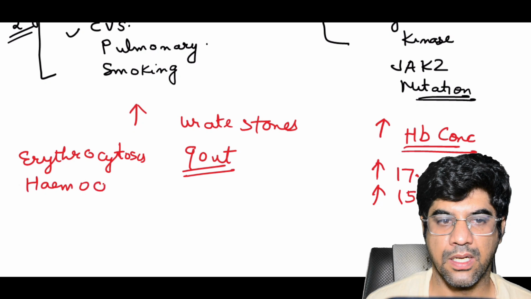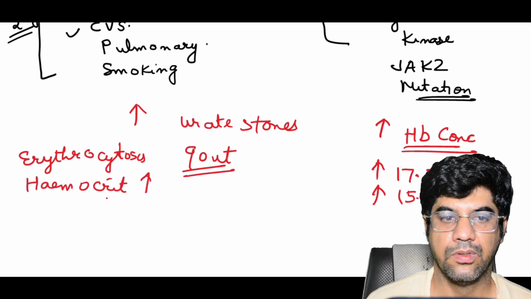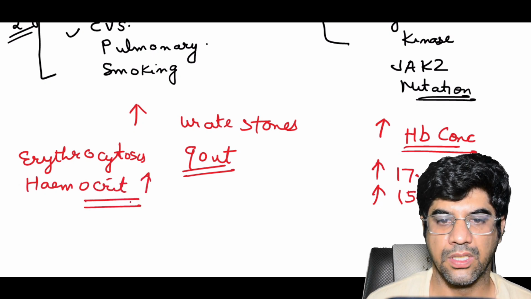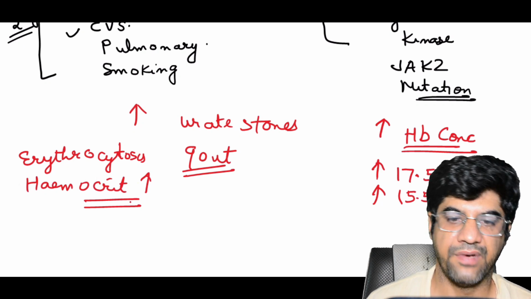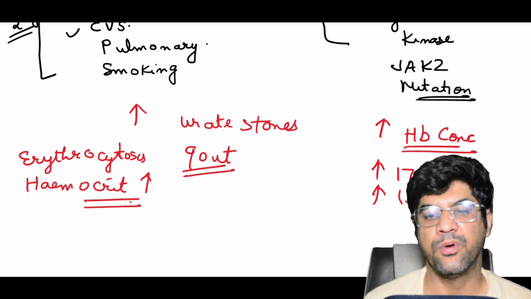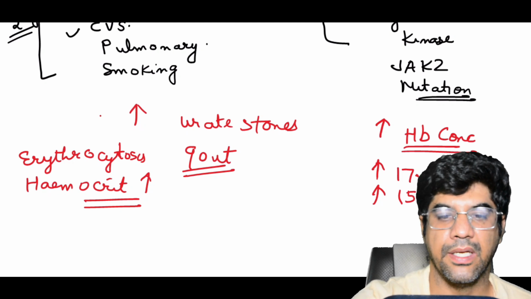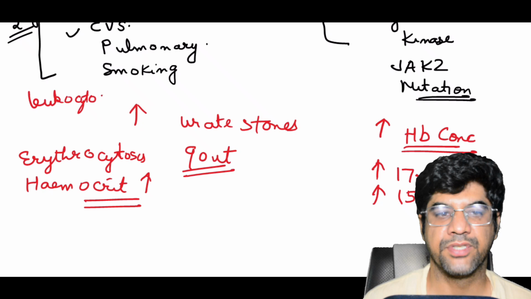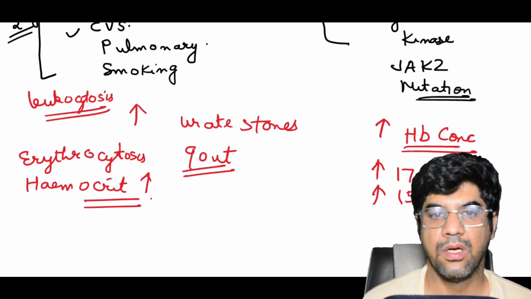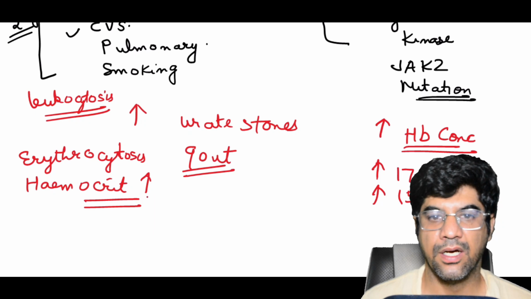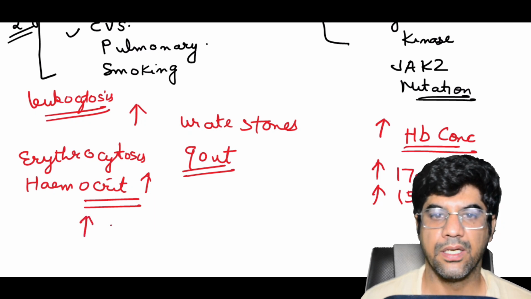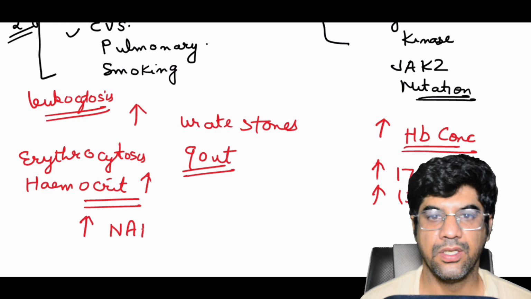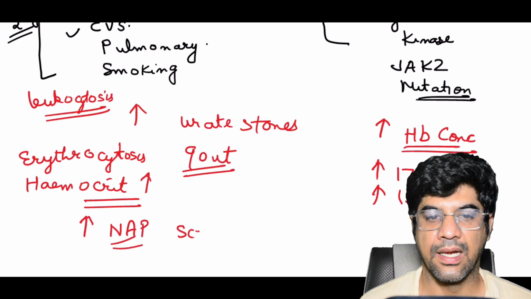The hematocrit value is almost above 55% in the male and 47% in the female. Apart from that, you will see leukocytosis. There will be basophilia. Along with that, you will see raised neutrophil alkaline phosphatase scores.